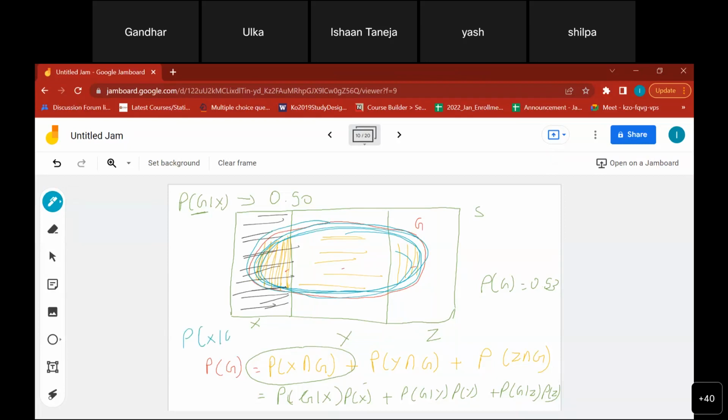So X given G, or you could write it as X intersection G upon probability of G. Probability of G we have already computed. X intersection G you already know, right? Is this question clear or any doubt in this one? Anyone, any doubt?